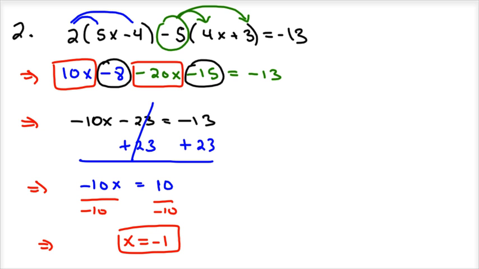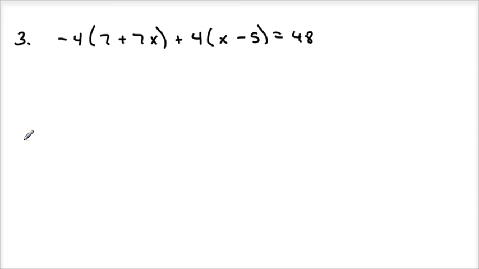Okay, let's take a look at number 3. Negative 4 times the quantity of 7 plus 7x, plus 4 times the quantity of x minus 5, equals 48. So let's distribute the negative 4 times the 7, negative 28. Negative 4 times positive 7x is negative 28x.